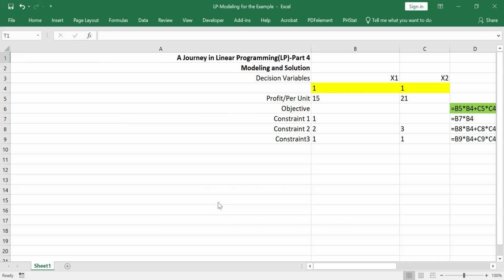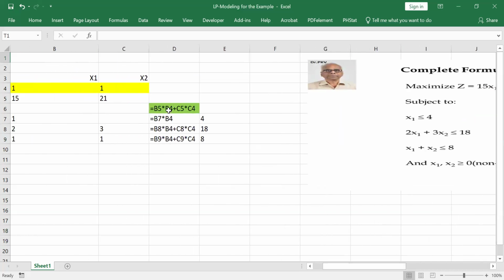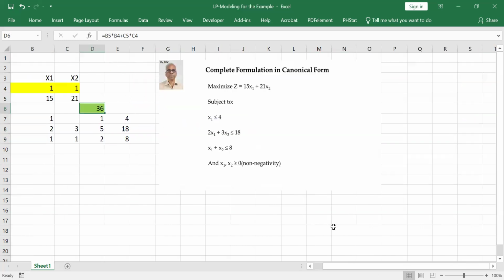The formula is clear here: B5 into B4 plus C5 into C4, B7 into B4, B8 B4 plus C8 C4, B9 B4 plus C9 C4. These are the values of the right-hand side of the constraint. Constraint 1, 2, 3. This is the objective function. Let me go back to the original mode where I have the values displayed.